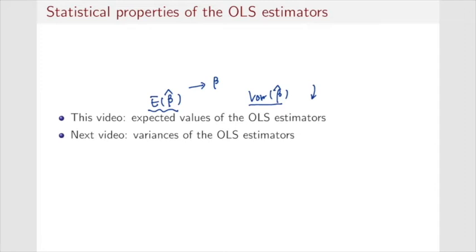In this video, we will show the unbiasedness of the OLS estimators. That is, the expected value of beta 0 hat is equal to beta 0, and the expected value of beta 1 hat is equal to beta 1. And in the next video, we will derive the variance of beta 0 hat and the variance of beta 1 hat.